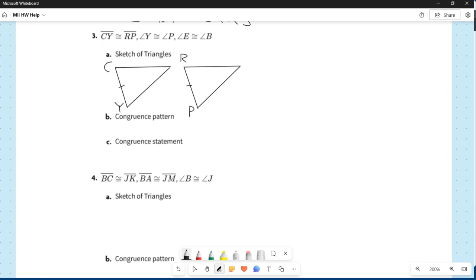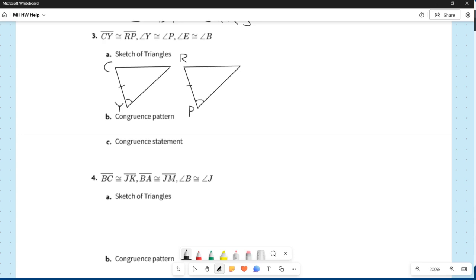We're also told that angle Y, which we've already labeled, is congruent to angle P, which we've already labeled. So to indicate that angles Y and P are congruent, we'll just have a single curve at Y and a single curve at P. Our last statement is that angle E, which we haven't labeled yet, is congruent to angle B, which we haven't labeled yet.